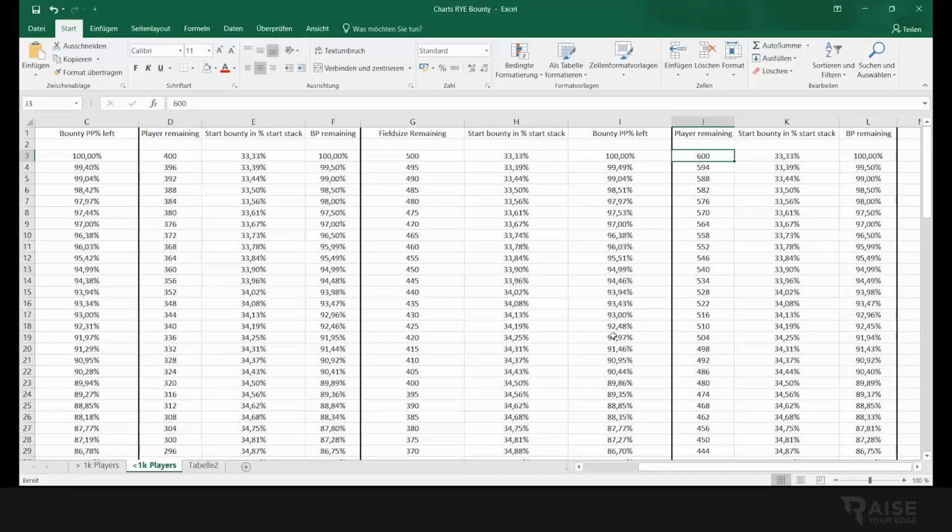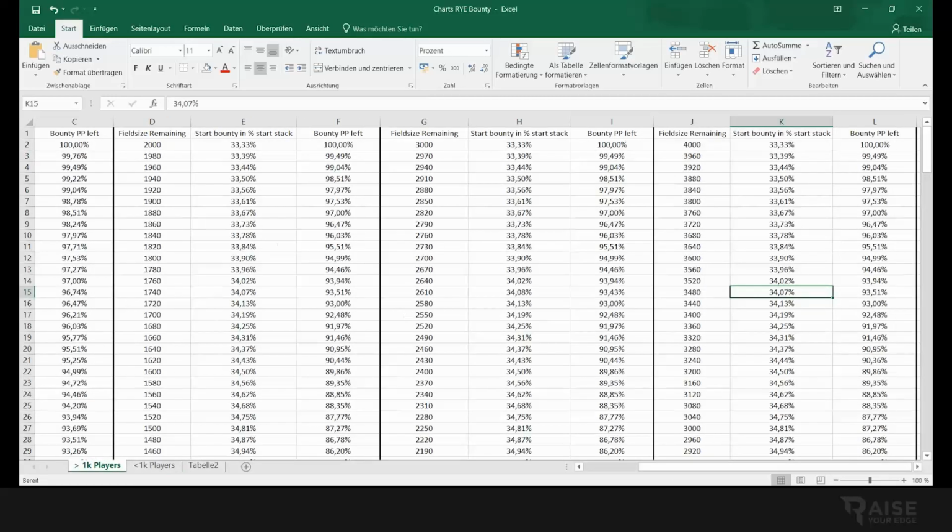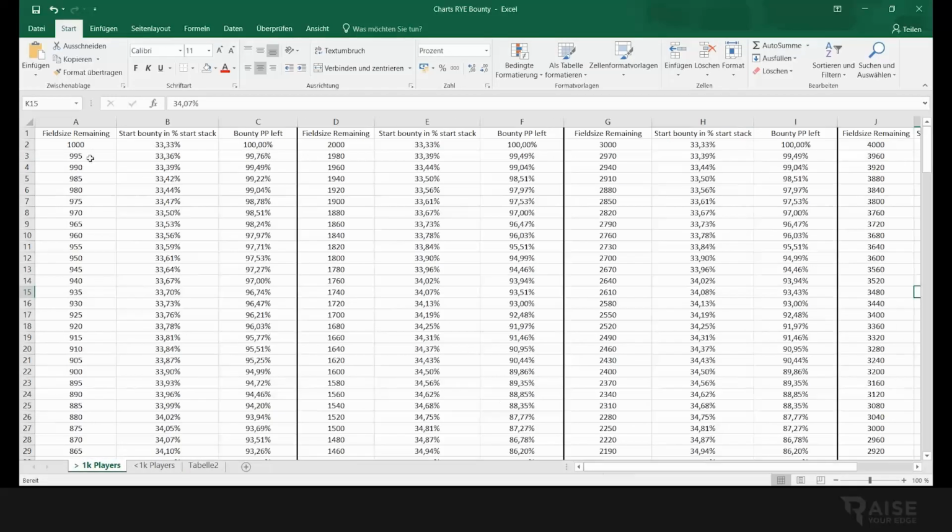So this is totally enough. It's not about hitting it perfectly. If you have a tournament that has 700 players, then take the next one in our chart, which would be, I think, 1K. Then take 1K. The numbers are still good.